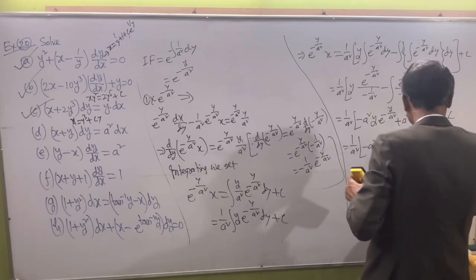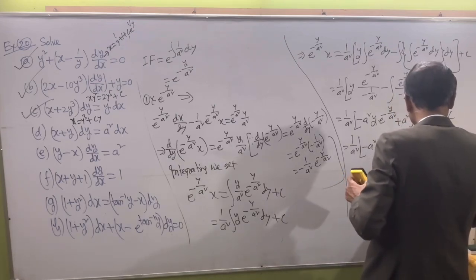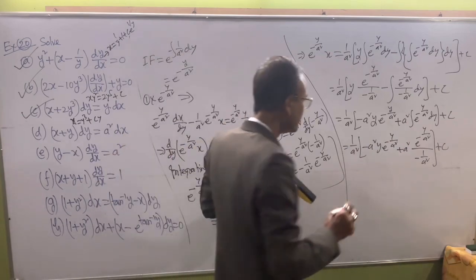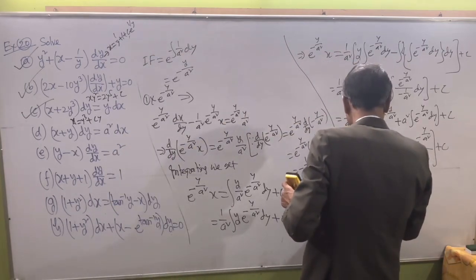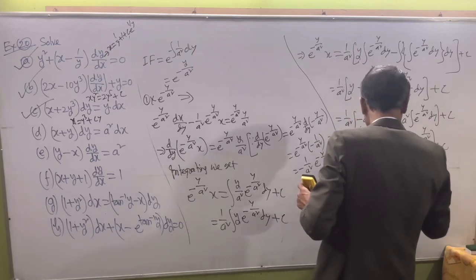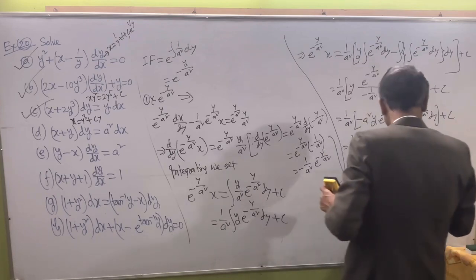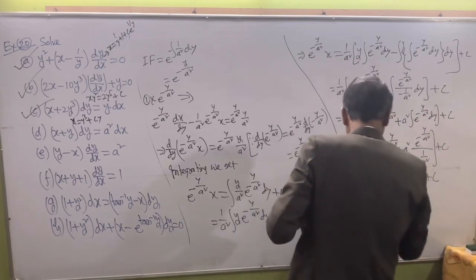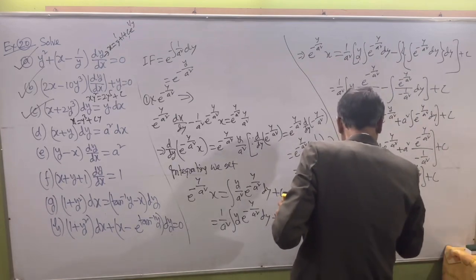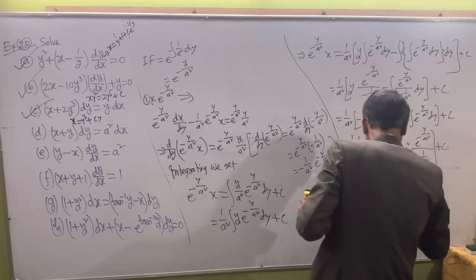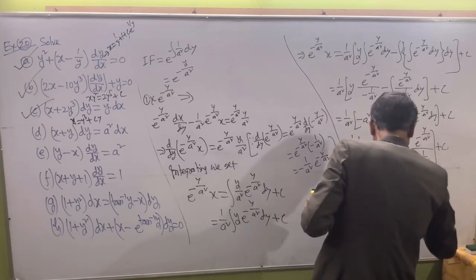It is again e to the power minus y by a square divided by minus 1 by a square plus c. This is equal to 1 by a square y e to the power minus y by a square minus a to the power 4 e to the power minus y by a square plus c. This is equal to y e to the power minus y by a square minus a square e to the power minus y by a square plus c.